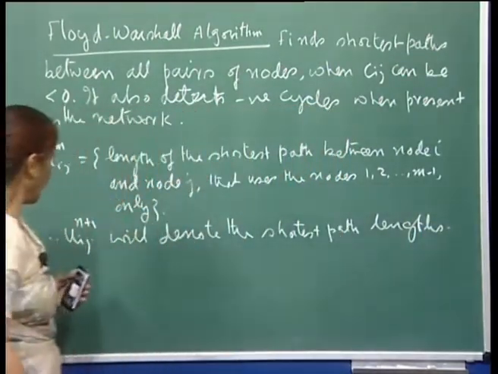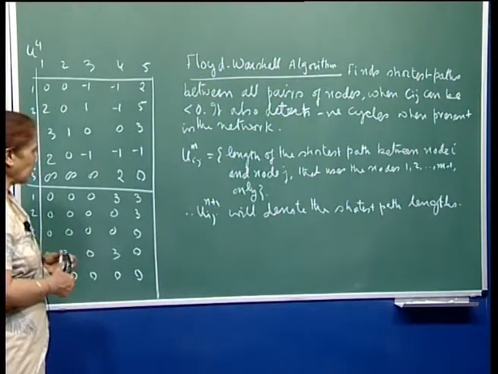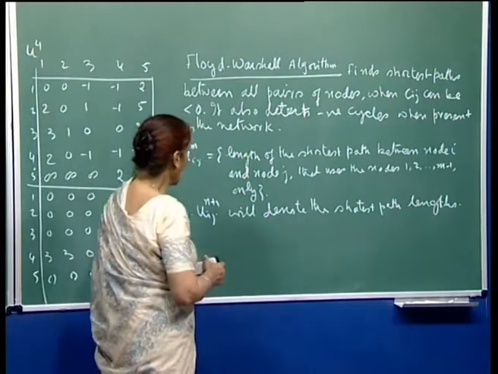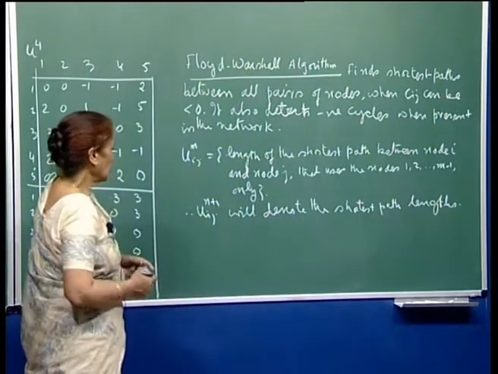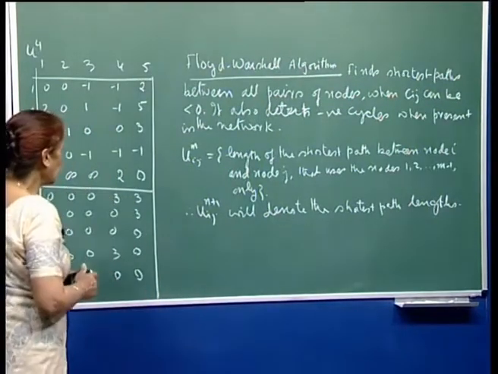Okay. So, once I have gone through all the nodes, that means there will be n iterations to this algorithm again, and we will then be able to claim, and I will prove to you, that Uij(n plus 1) will denote your shortest paths. So, then how do I update?